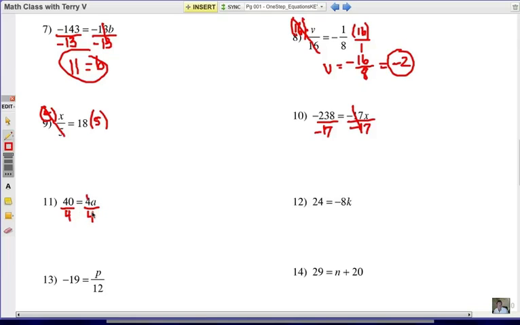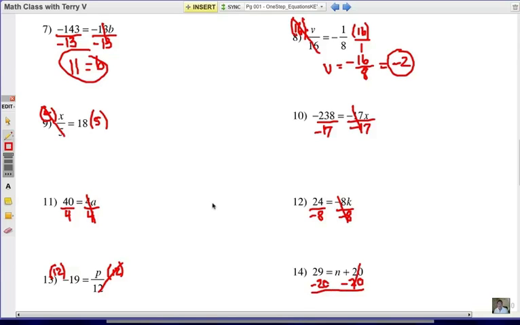That looks like a pretty easy one. Number 12, it's negative 8 times k, so divide each side by negative 8, and show that with a fraction bar with the negative 8 underneath. Number 13, you're already dividing by 12, so now we have to multiply by 12. Opposite operation. And number 14, back to addition. If you're adding 20, what's the opposite of that? Subtracting 20.